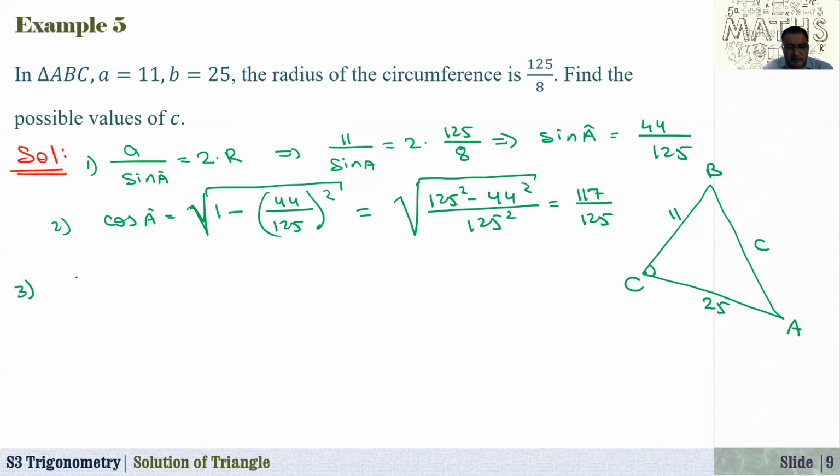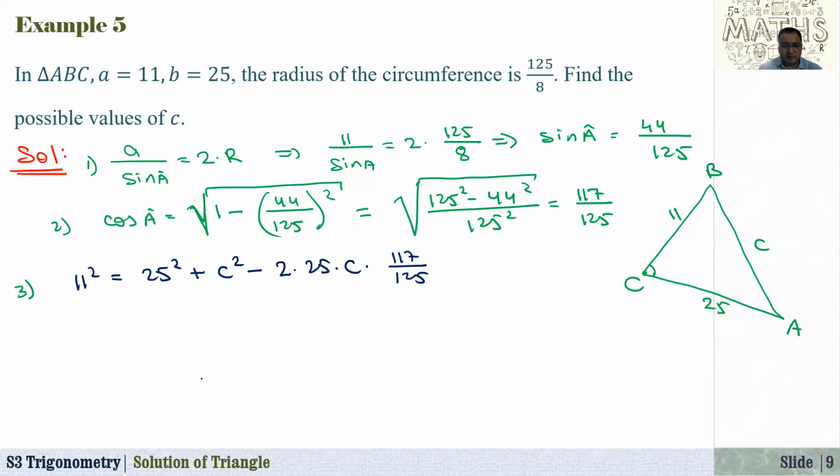A squared, that is 11 squared, is equal to 25 squared plus C squared minus 2 times 25 times C times cosine of A. Cosine of A is 117 over 125. Okay, we have this expression.